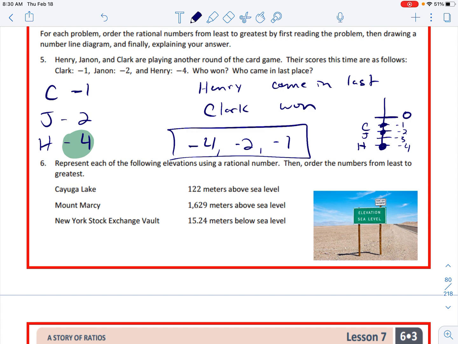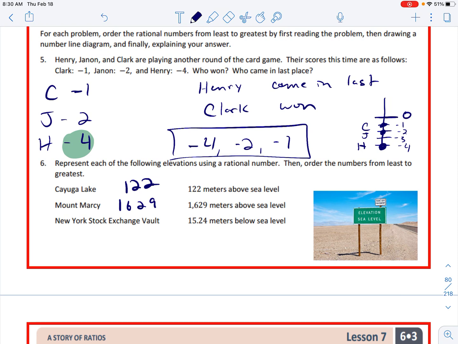All right, number 6 says represent each of the following elevations using a rational number. Then order the numbers from least to greatest. Okay, so Cayuga Lake is 122 meters above sea level, so this is just going to be 122. Mount Marcy is 1,629 meters above sea level, so that's also going to be positive.